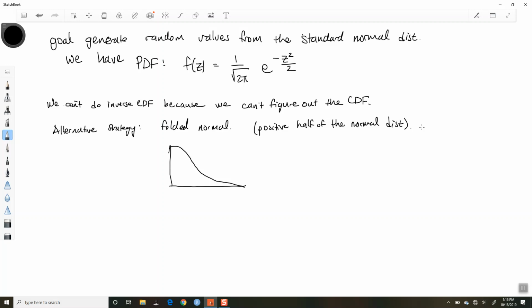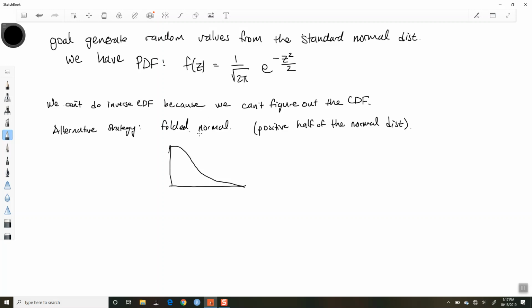Then after I get all of these folded normal values, I'm going to go through and flip a coin for each one. If it ends up tails, I make it negative. Then I'll get something that comes from the total normal distribution. So with probability 50%, a value generated from the folded normal is assigned to be negative, and that will give us the regular full normal distribution.